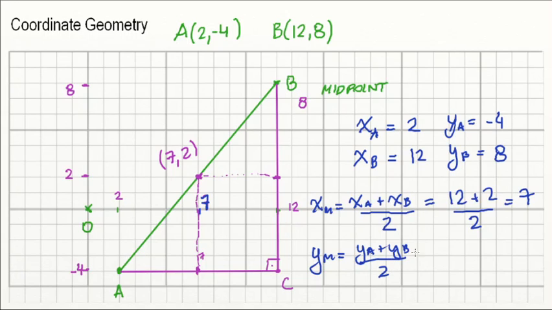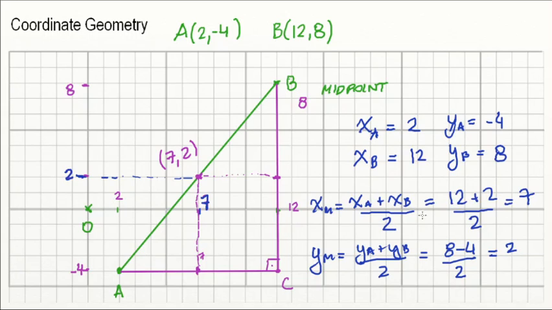That's the average of those values. In this case, it's 8 minus 4 over 2. I may have switched the order here, but it doesn't matter. 8 minus 4, that's 4 divided by 2, 2. And that's the y-coordinate of our midpoint.